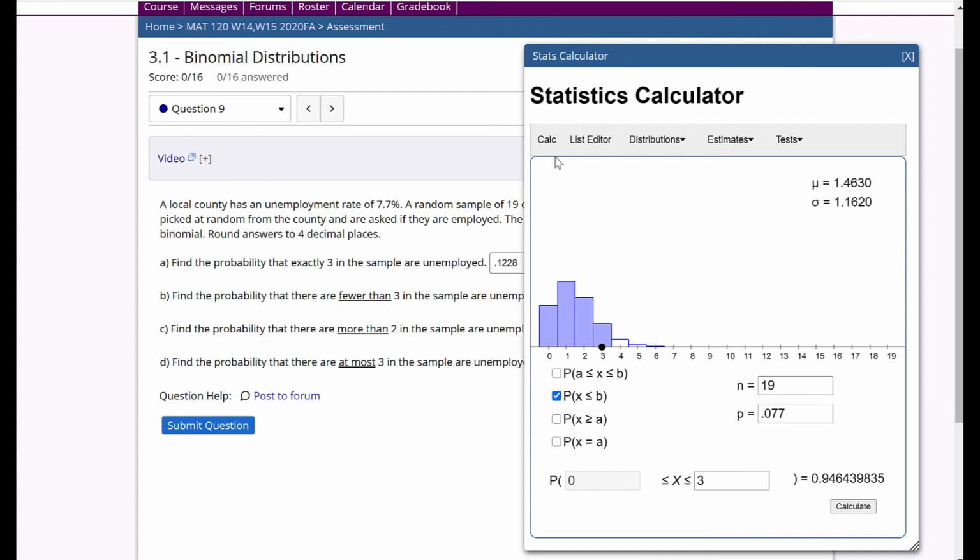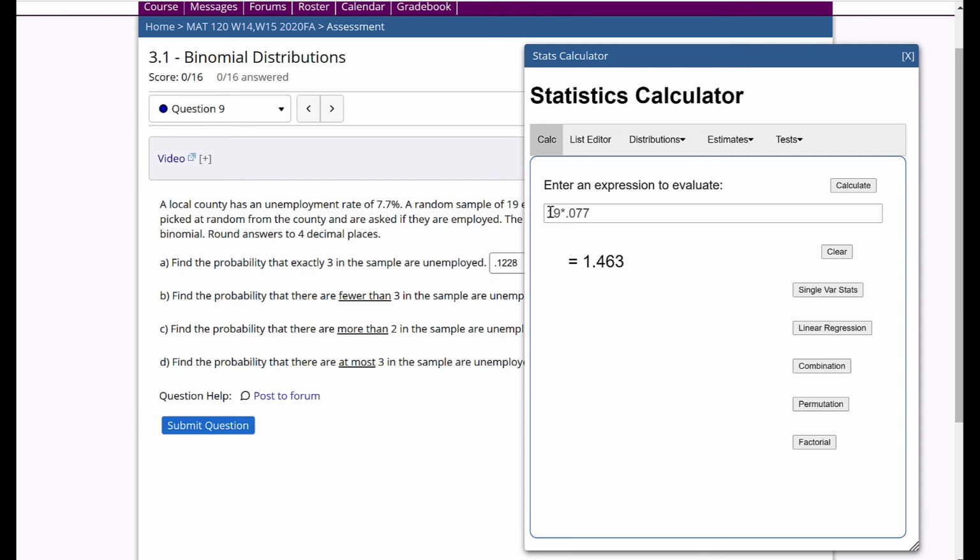The standard deviation, the formula for the standard deviation is the square root of n times p times q. So times, and I'll just do 1 minus 0.077, that's fine. Or you can compute what that value is first. It doesn't make a lot of difference.